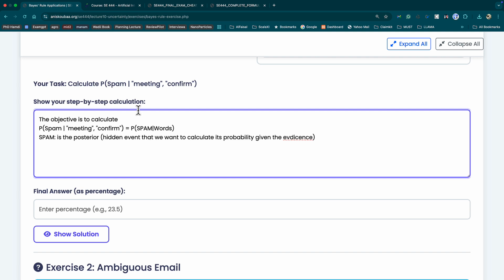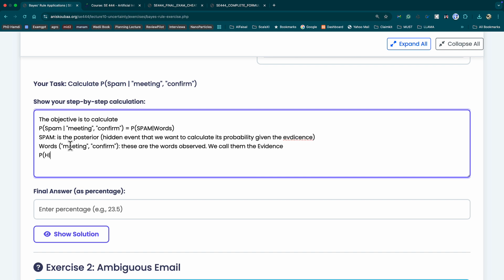Now we also have the words. In our case, they are meeting and confirm. These are the words observed, and we call them the evidence. So we want to calculate the probability of the hypothesis, the posterior.